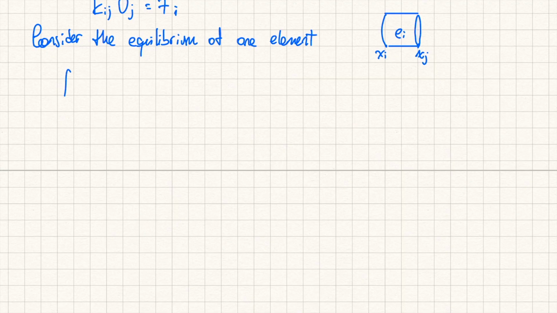So if you remember, the bilinear form was actually an integral from x_i to x_j, and then we have EA dw^h/dx du^h/dx. I'm just basically replacing what the bilinear form was.